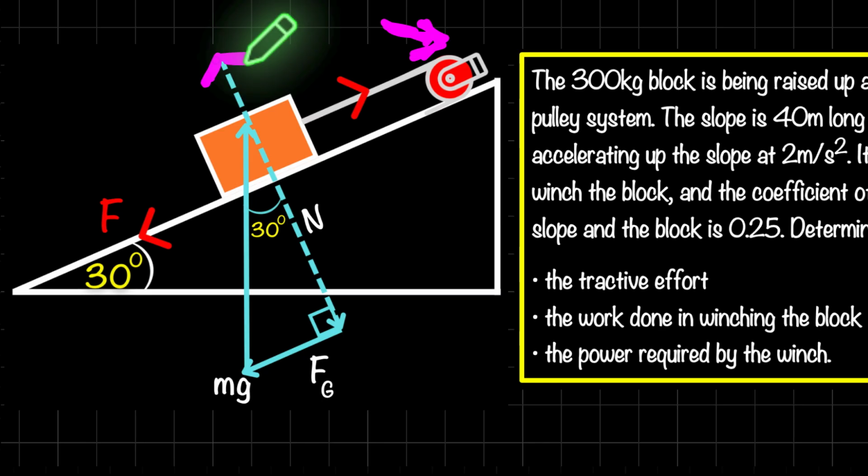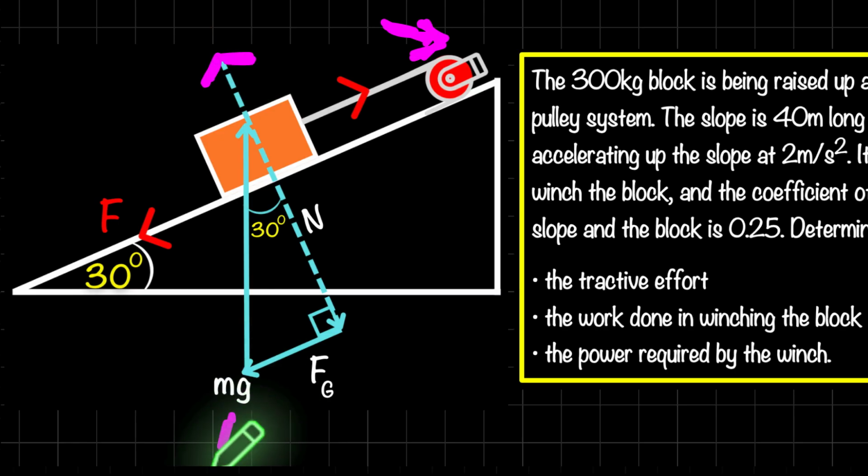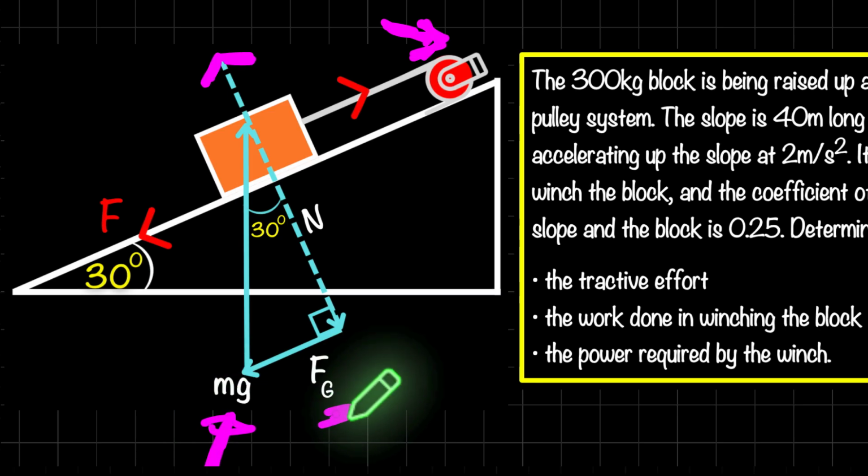Now, as a result of gravity, which you can see right here, mass times gravity, we get two force components from that force that's pulled on by gravity. And that force is Fg. So that's the force that's parallel to the inclined plane with respect to gravity.